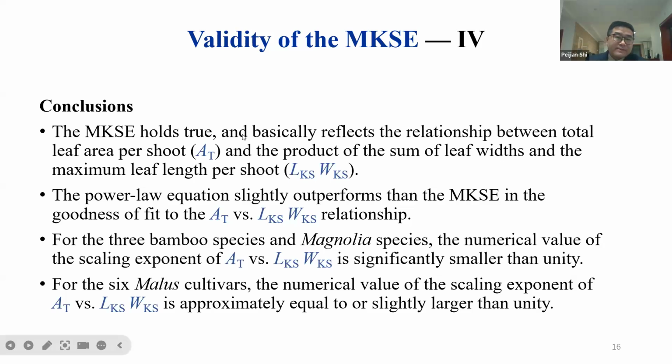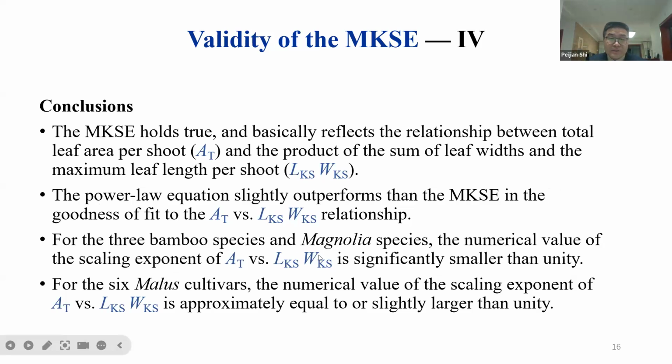Now we can get some conclusions about the MKSE. The Montgomery-Koyama-Smith equation holds true and basically reflects the relationship between total leaf area per shoot and the product of the sum of leaf lengths and the maximum leaf width per shoot. The power law equation slightly outperforms the MKSE in goodness of fit.